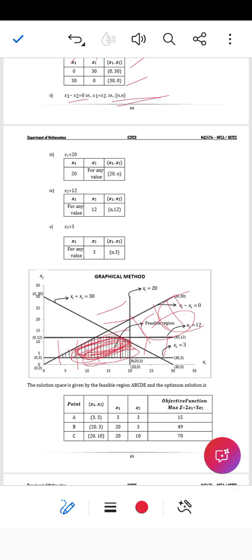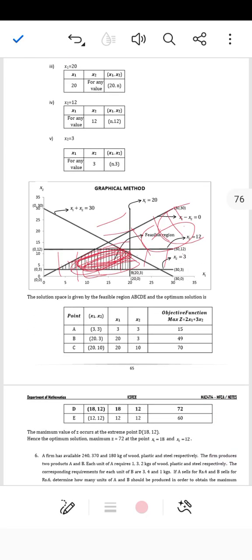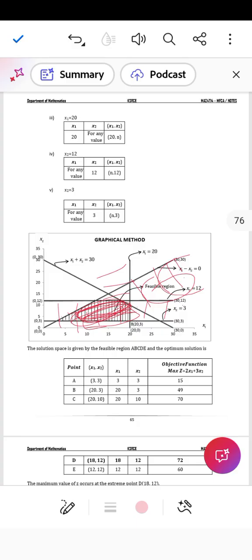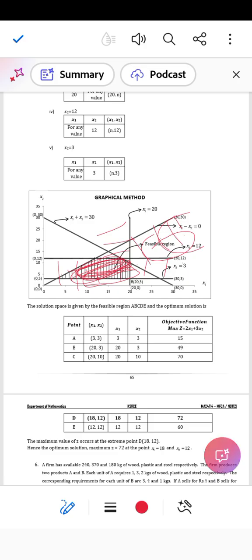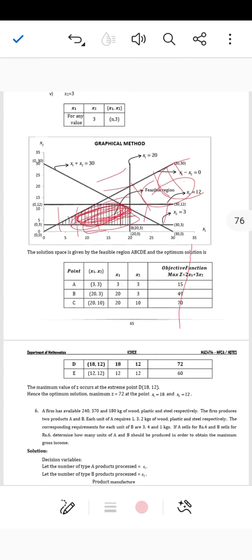In this common region the boundary points are A of 0 comma 3, B of 20 comma 3, C of 20 comma 10, D of 18 comma 12, and finally E of 12 comma 12.